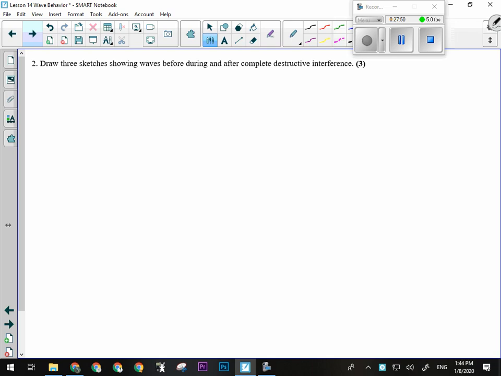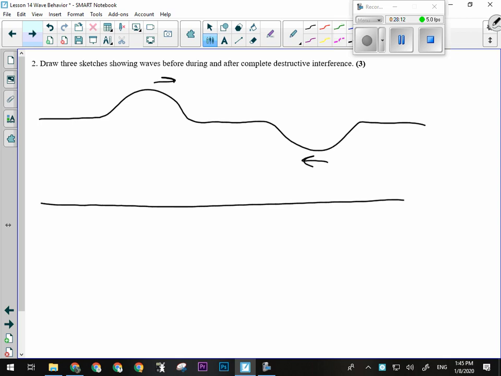All right. For question number 2, draw waves before, during, and after complete destructive interference. If I'm going to get complete destructive interference, my pulses have to be opposite. So I've got an upward pulse traveling to the right and a downward pulse traveling to the left. There's my during picture.